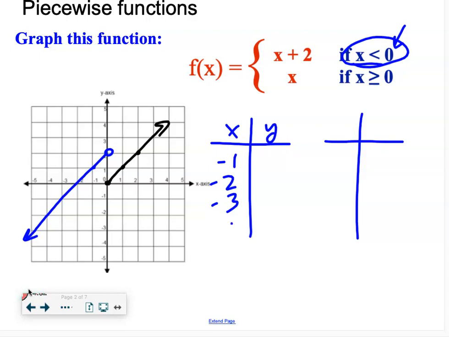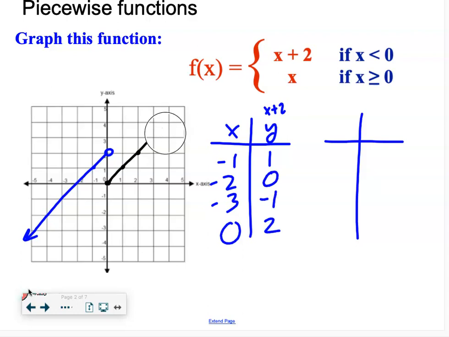Even if it's not equal to it, you still include it on your table. So here's why. When we sketch our graph, first we got to find our y values. So this is y equals x plus 2, right? We're just taking each x and adding 2. So if x is -1, y is 1; if x is -2, y is 0; if x is -3, y is -1; and if x is 0, y is 2.